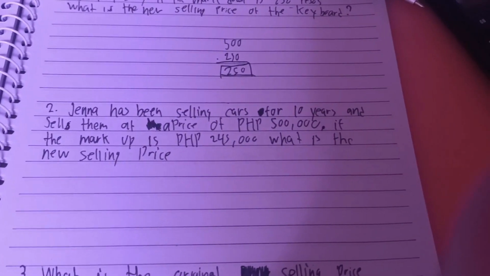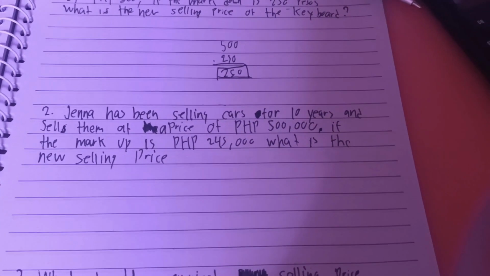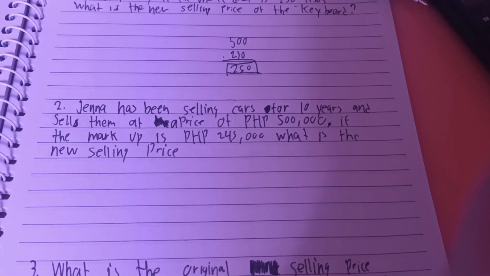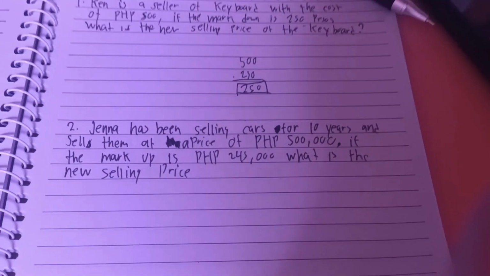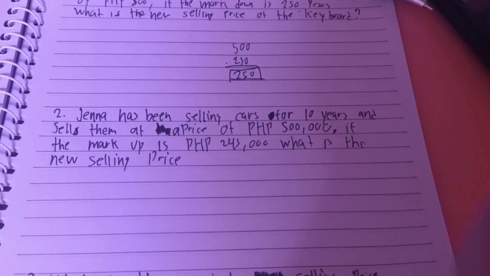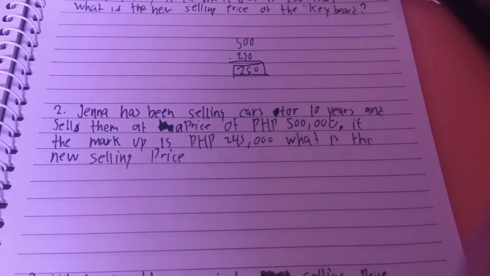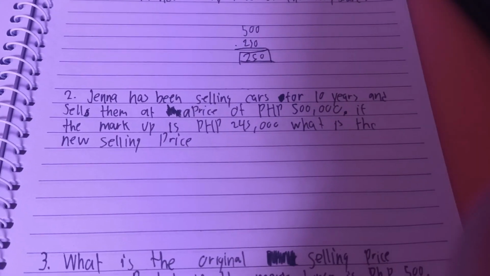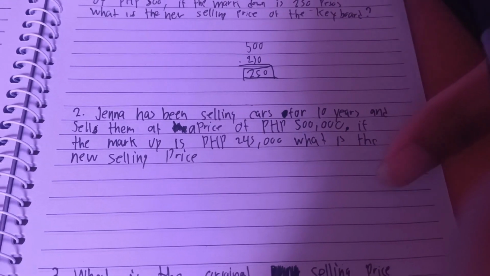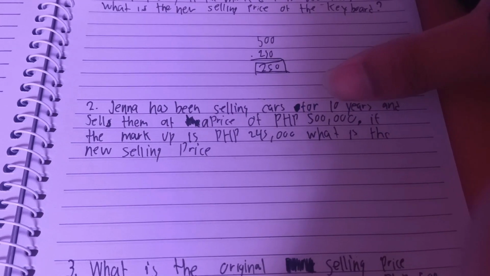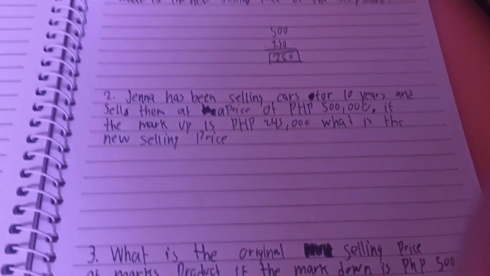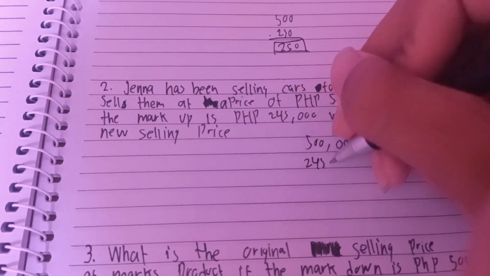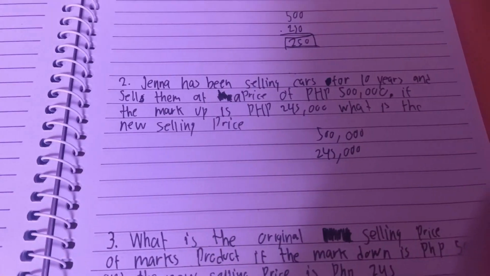For question number 2, Jenna has been selling cars for 10 years and sells them at a price of 500,000 pesos. If the markup is 245,000 pesos, what is the new selling price? We're gonna do the same thing. Analyze the question. What do we need to find? It says here, what is the new selling price? That means we're finding the new selling price. And in order to get that, since it's markup, just add 500,000 pesos and 245,000 pesos.